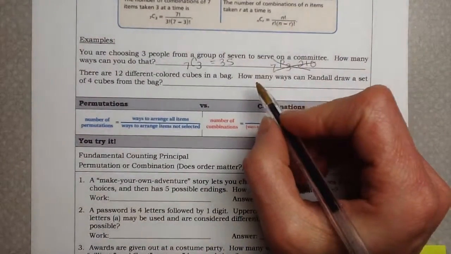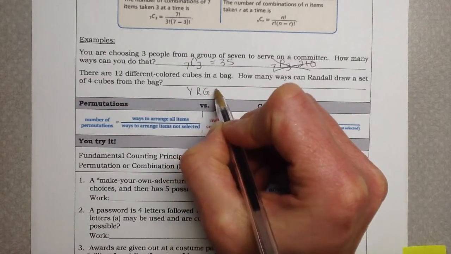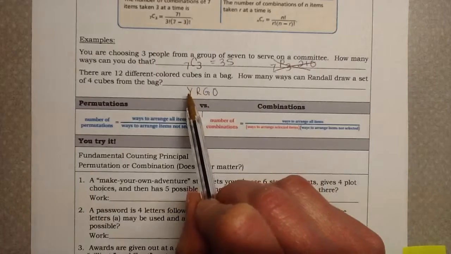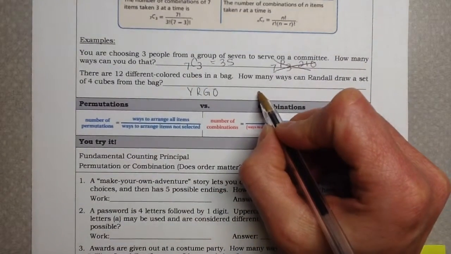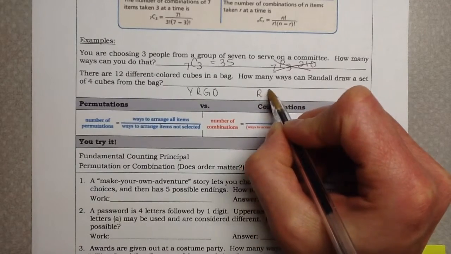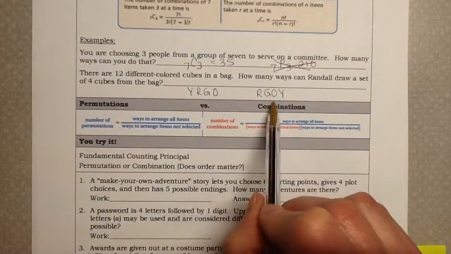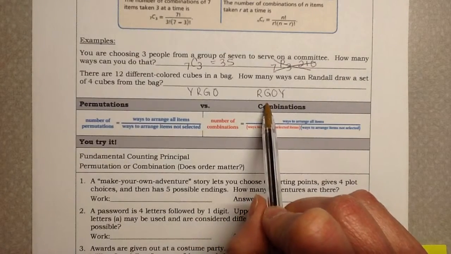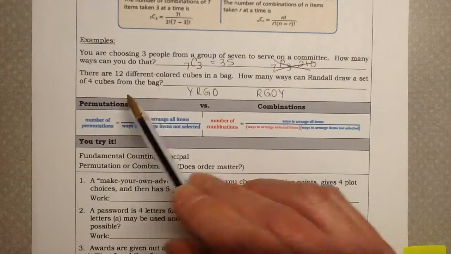So let's say there's 12 different colors. Let's say we choose yellow, red, green, and orange. The first time I choose yellow, then red, then green, and orange. Let's say the second time I choose the same ones, but I choose them in a different order. I still have the same cubes in my hand. Doesn't matter what order I chose. So order does not matter.